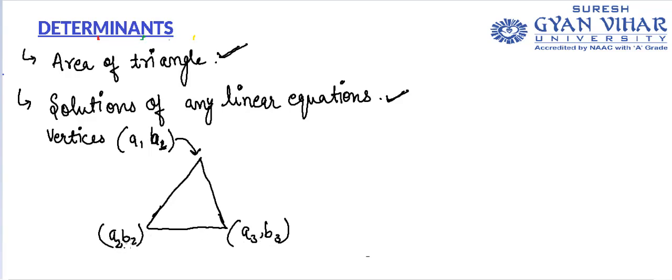So these are the vertices of the triangle. Now how are you going to find the area of this triangle?